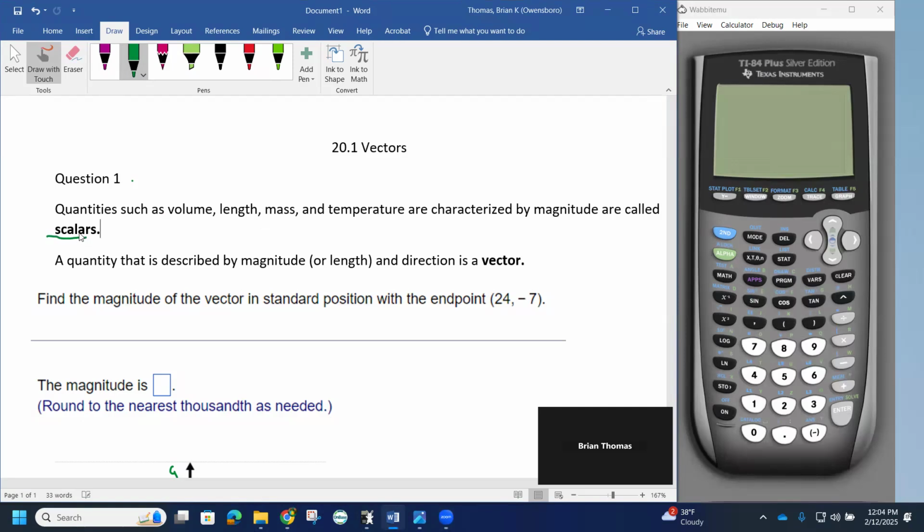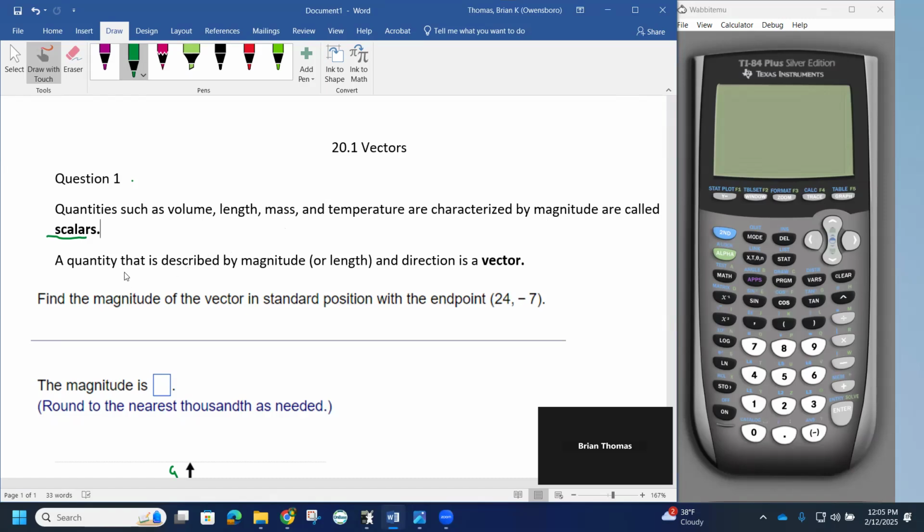Scalars really just involve one concept. Volume is just cubic centimeters, so it's considered a magnitude, or magnitude could be like size, length, mass, temperature. Things like this we call scalars.